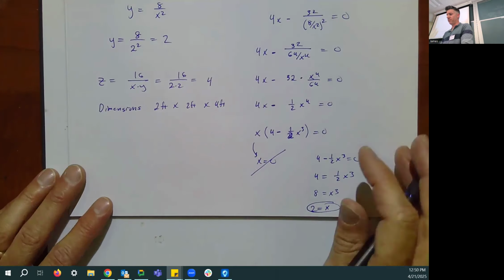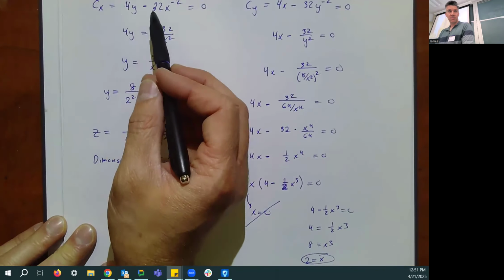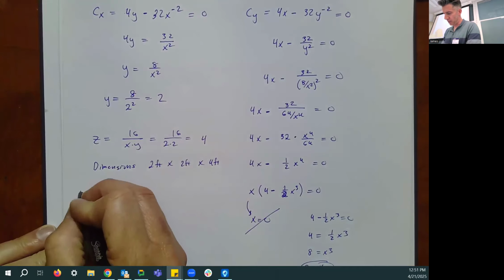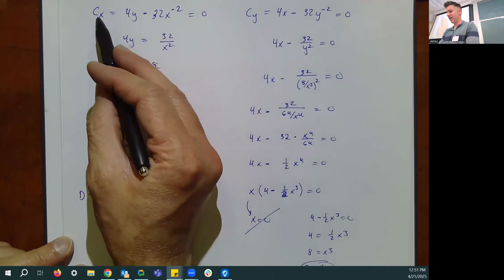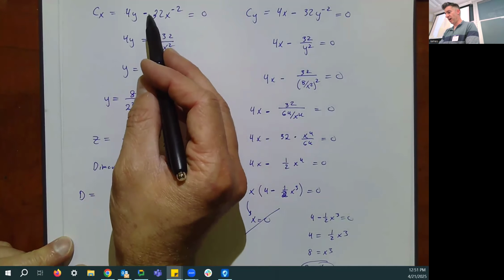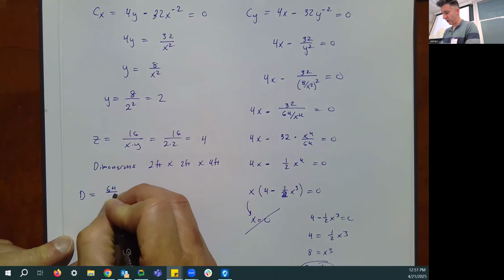So if we look at our first partials up here and take our second partials, okay, so our capital D. CXX is going to be positive 64 times x to the negative third, or 64 over x cubed.